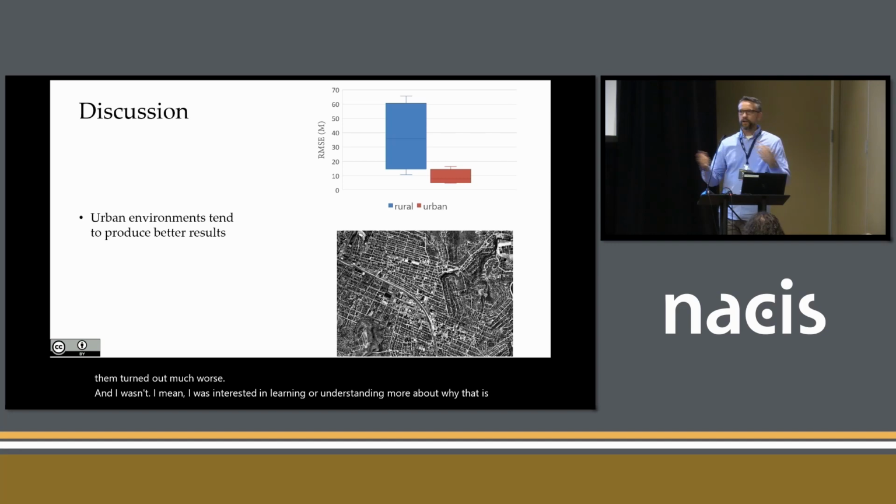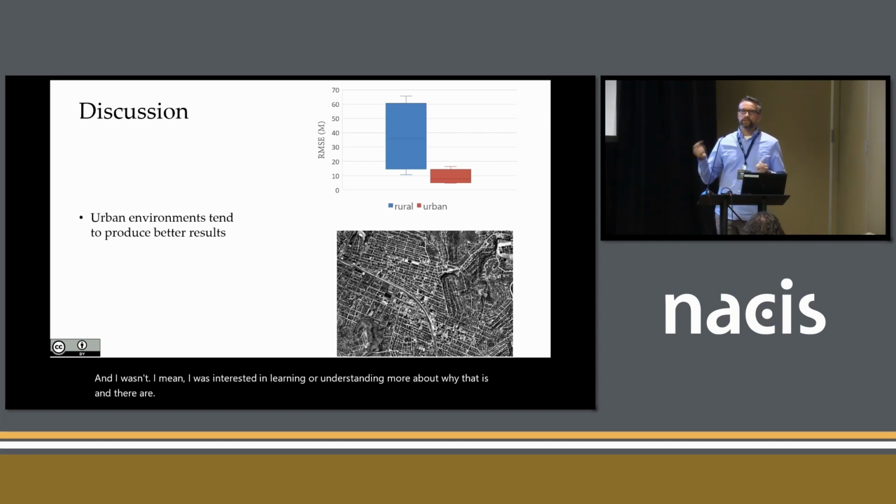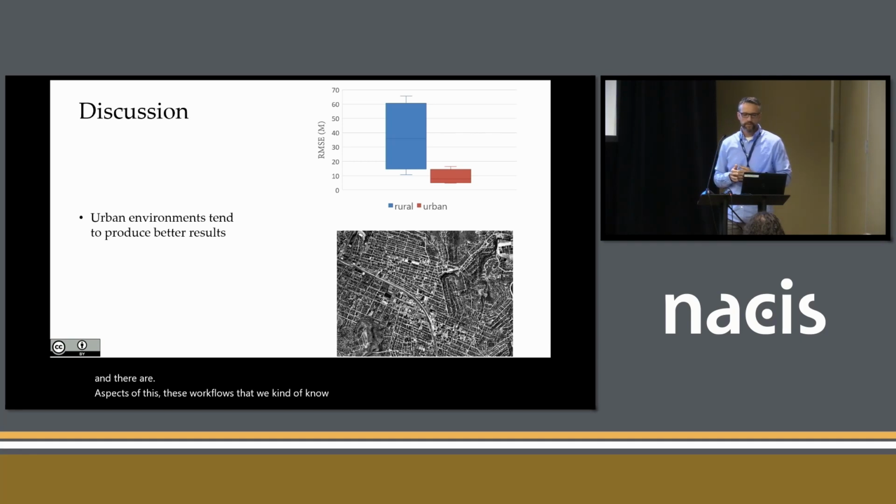And there are aspects of these workflows that we know have an impact on the results. One of them is in deploying the computer vision technique that does the relative orientation, stitching these photos together.